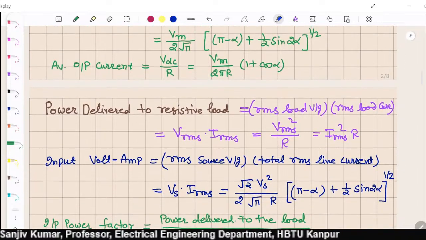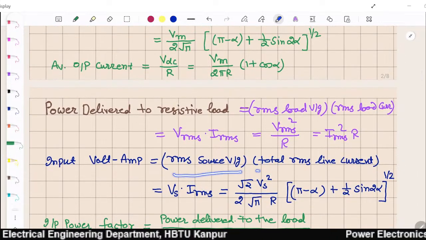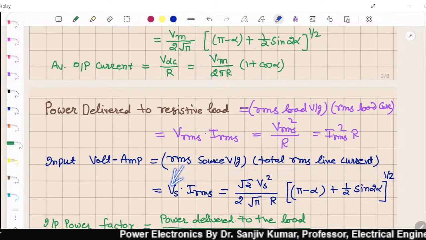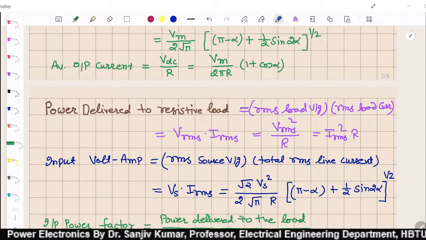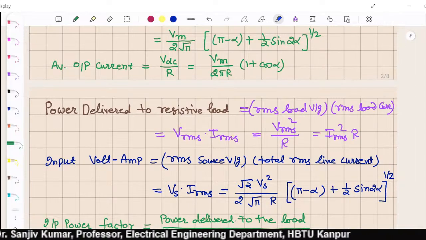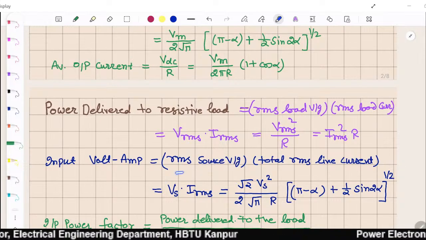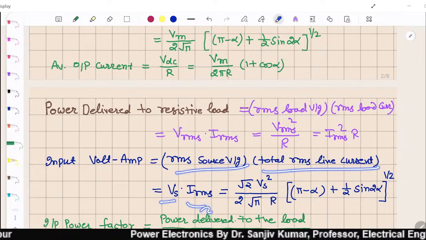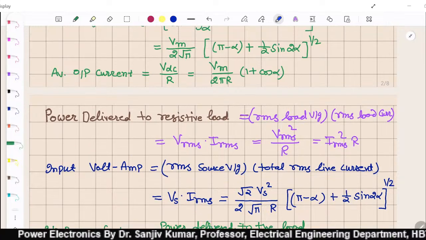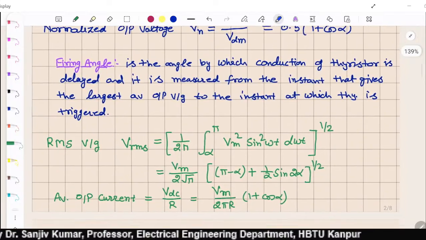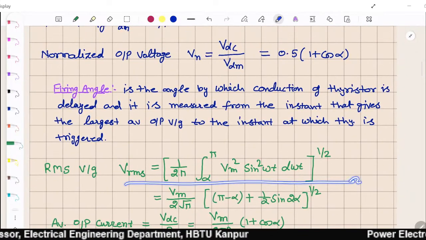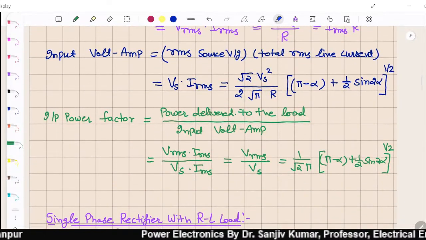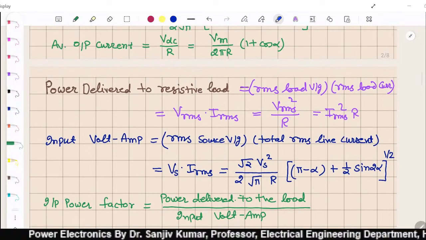Right? Now input volt ampere is RMS source voltage multiplied by total RMS line current. So let us say RMS source voltage is Vs and RMS line current is IRMS. So IRMS is equal to VRMS divided by R, from here we have calculated. This is given.